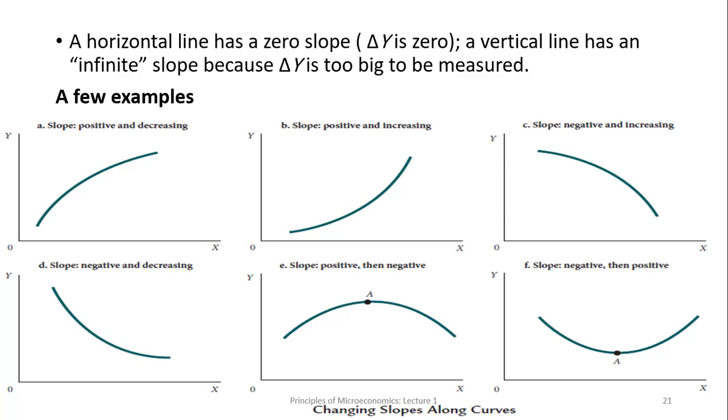When it is positive, it is decreasing, and when it is negative, it is increasing. Similarly, graph F shows that the slope is first negative and decreasing. After point A, it is positive and increasing. So we shall need this understanding when we explain the graphs.